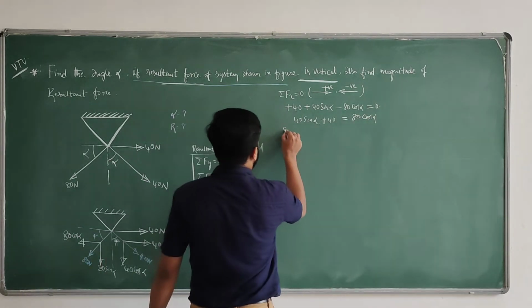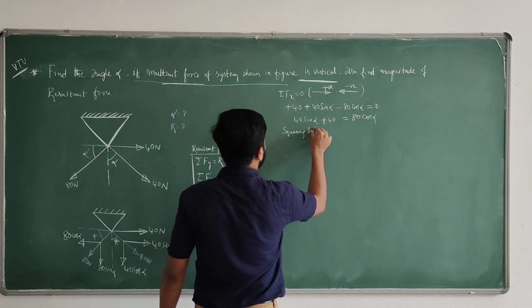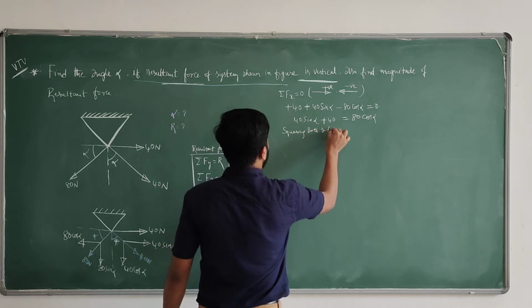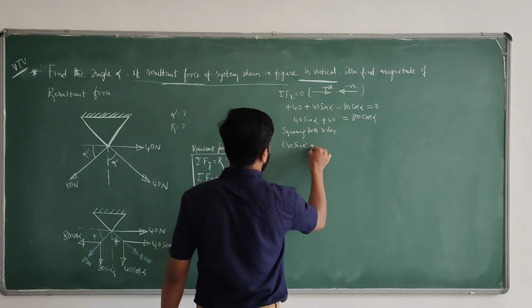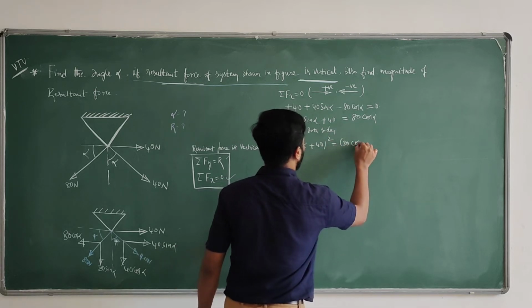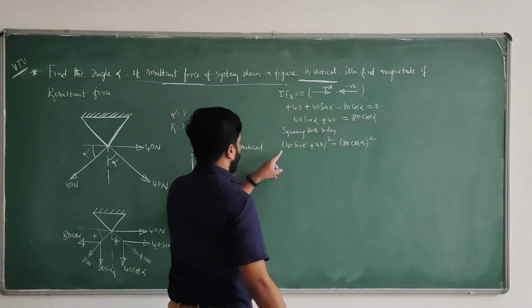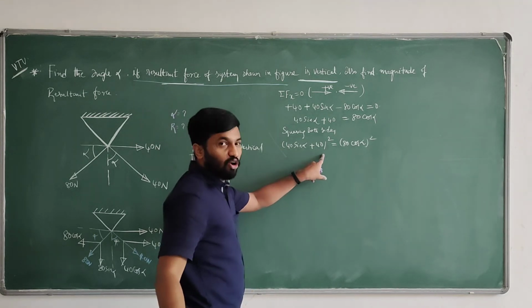Now do squaring on both sides. All are mathematical computations. Squaring both sides, you get (a plus b) whole square: (40 sin alpha plus 40) square equals (80 cos alpha) square. Therefore, a square plus b square plus 2ab. This is the equation for (a plus b) whole square.